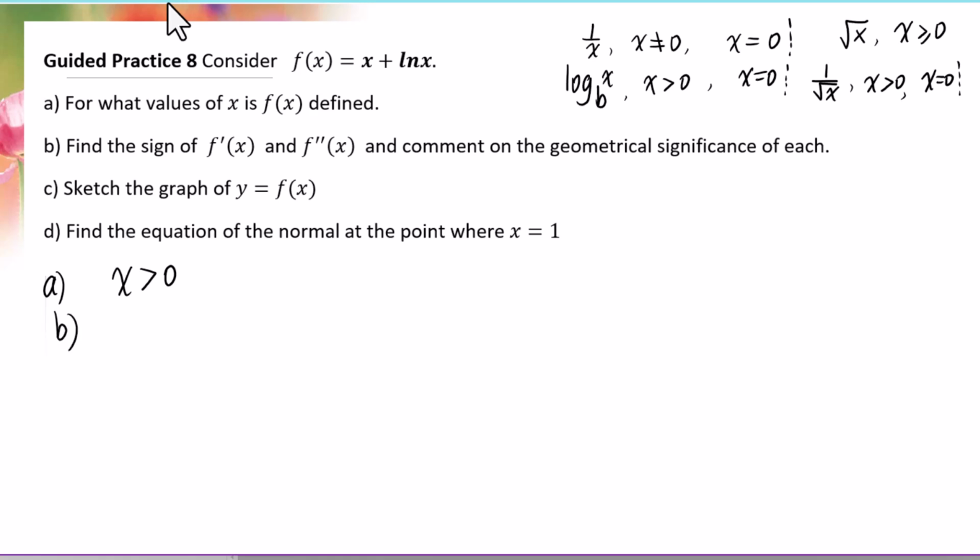B. Find the sign of f prime of x and f double prime of x, and comment on the geometrical significance of each. f prime of x equals x prime plus natural log of x prime equals 1 plus 1 over x.